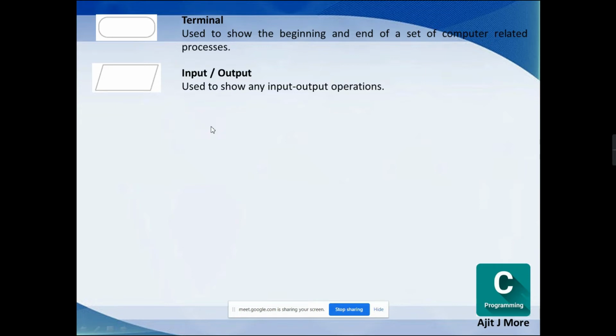Means whenever you want to accept something or you want to display something. So yesterday we were writing read two numbers A and B, or finally I was showing the result, so I was writing print factorial. Remember, print and then factorial. Okay, so that read and print you'll show in this parallelogram. Okay, so it is used to show any input output operation.